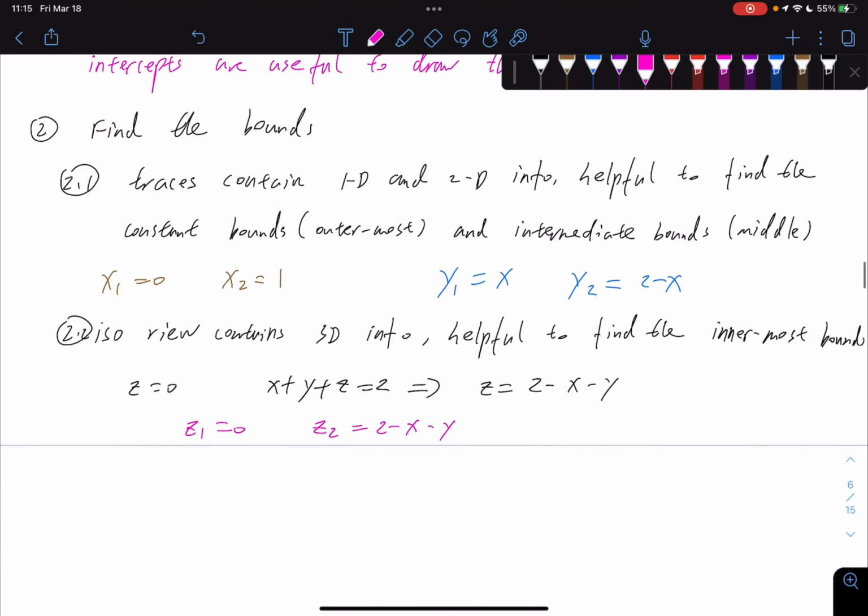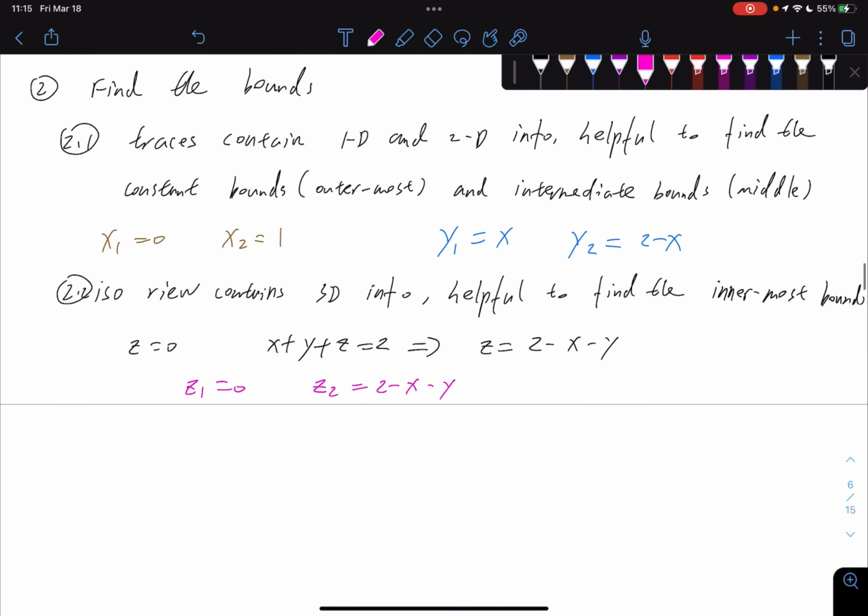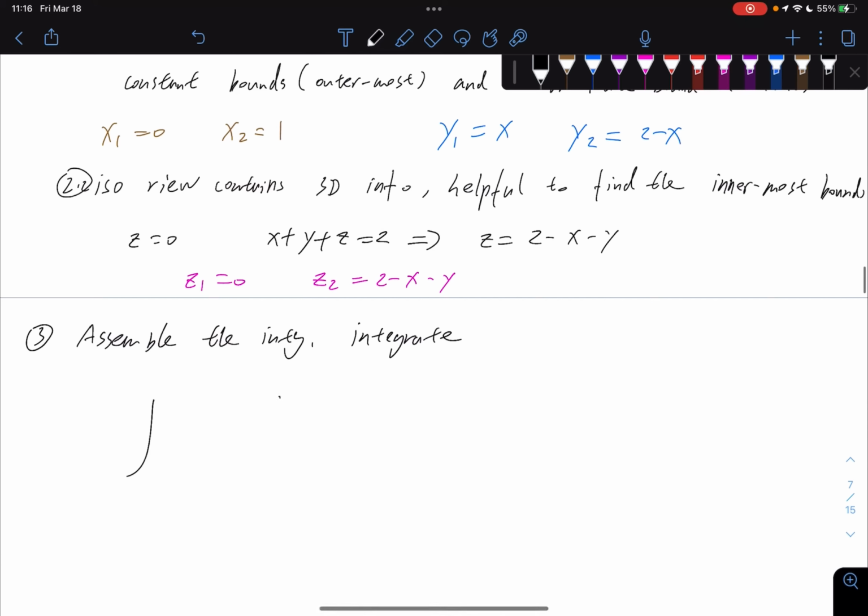All right, so finally, we can assemble the integral and integrate. So a big triple integral of f(x, y, z) dz dy dx.